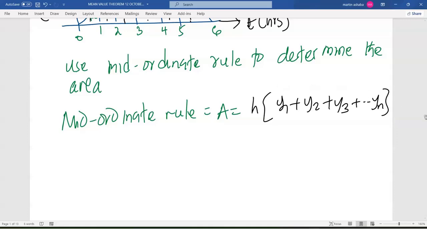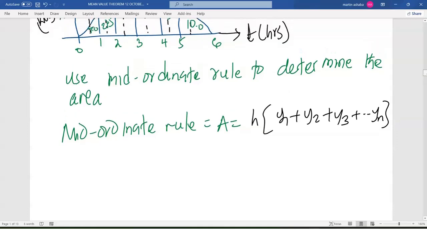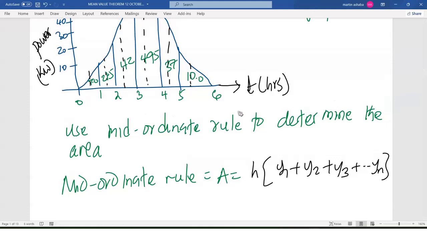But here, since we are talking about power, y1 is the value of power midway between 0 and 1 hours. Y2 is midway between t equal to 1 and t equal to 2 hours, and so on and so forth.